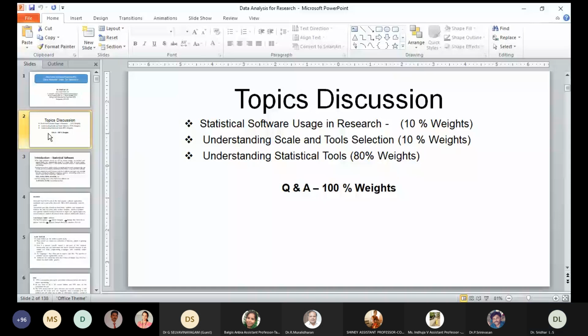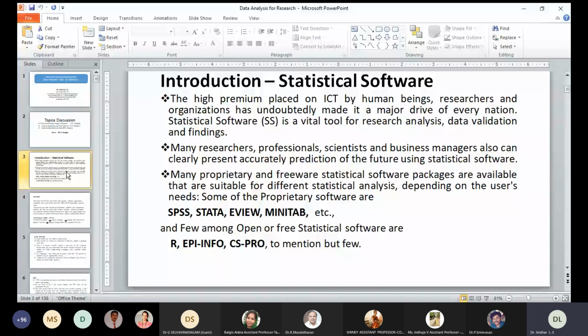There are many software tools, starting with SPSS, Stata, Eviews, Minitab, EPI Info and CSPro. All these tools are predominantly used.